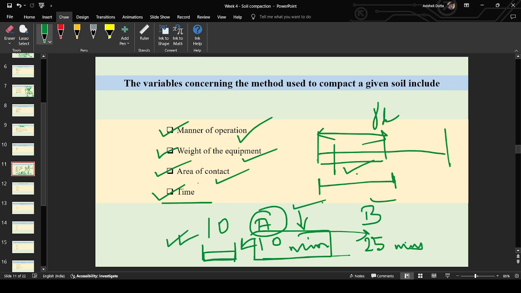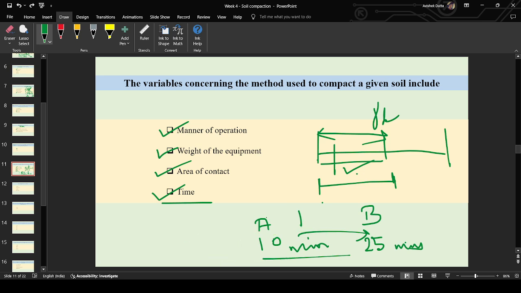Yeah, I have not given the number of blows over here as an option. If I had given the number of blows as an option, then time might not have been the correct one, because the number of blows is automatically telling us how much time we need, right? You just remove the manual part, go for the mechanical part.